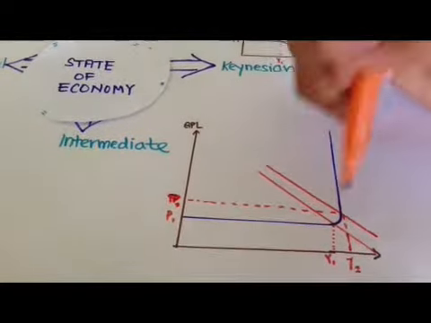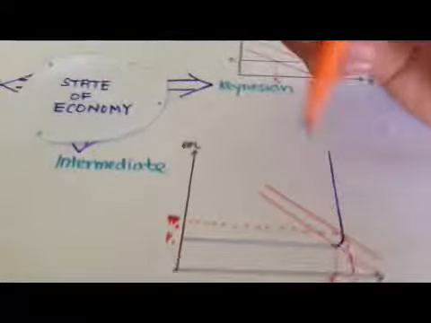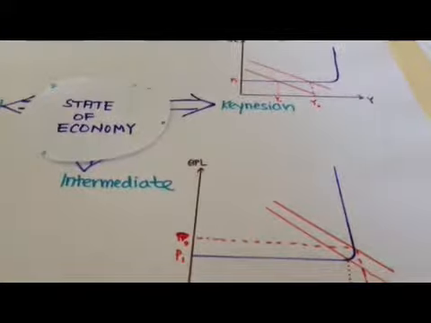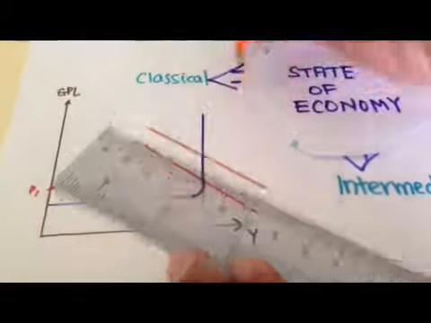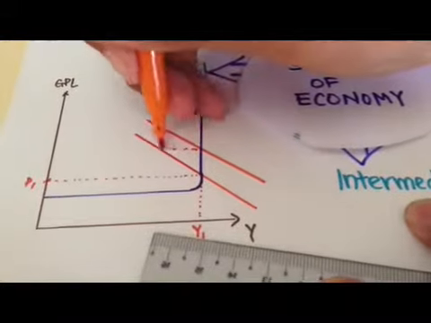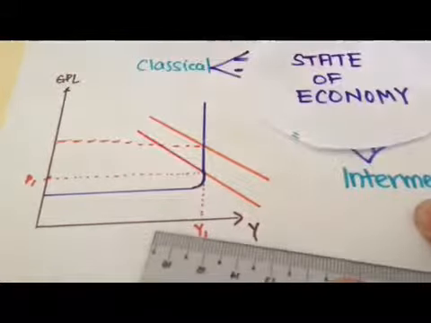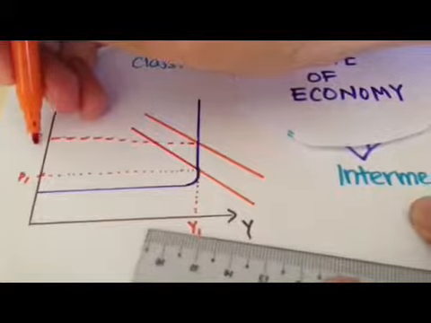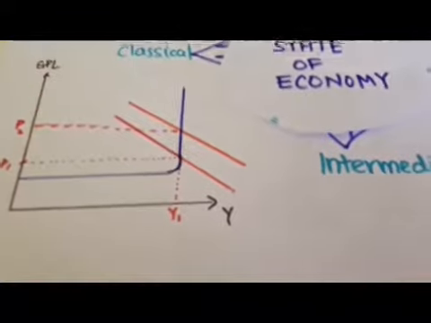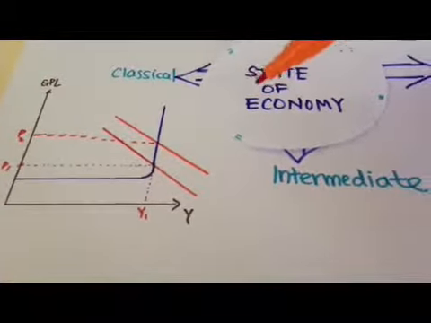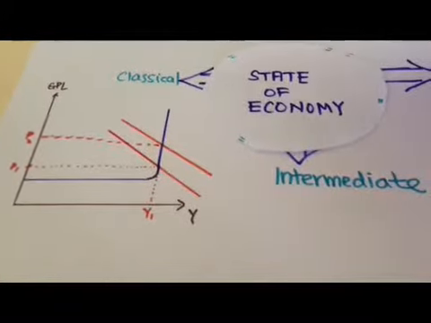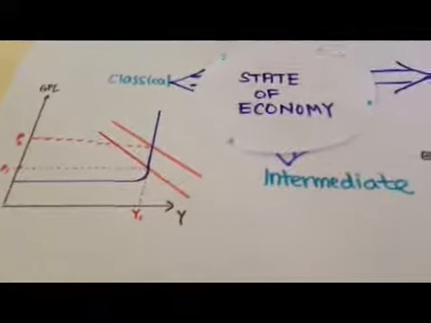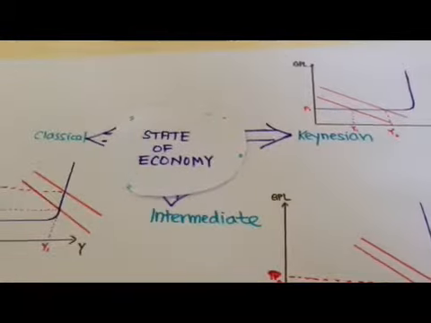However, national income also increased to the same extent. The last state of economy is the classical range. As you can see here, national income doesn't increase. However, price increased to a larger extent. This shows that GPL increases to a larger extent.